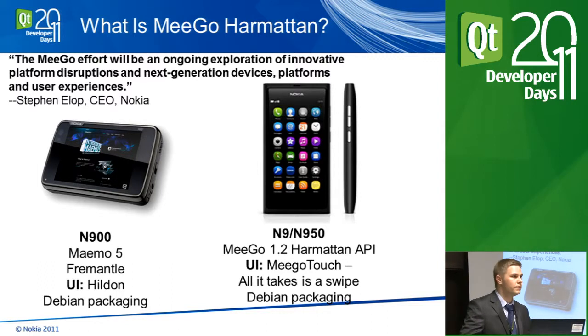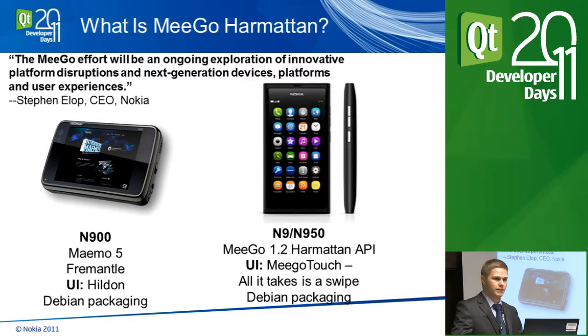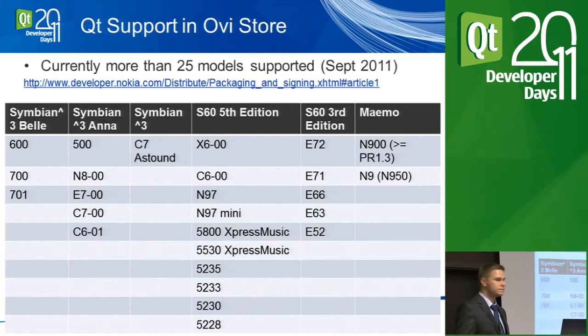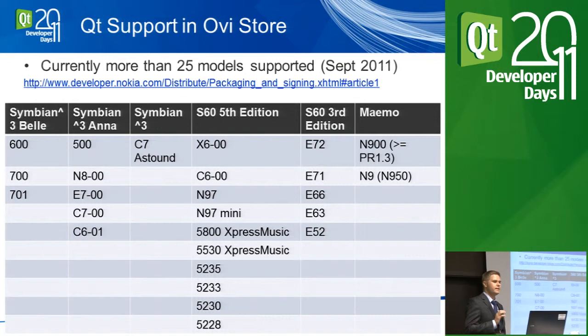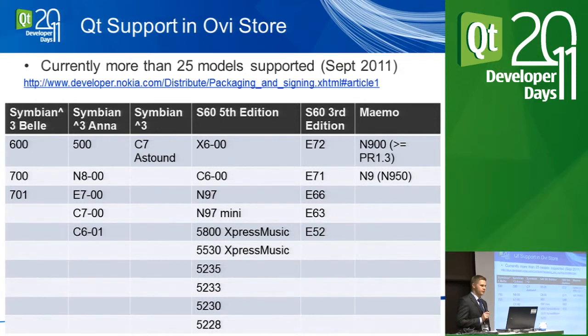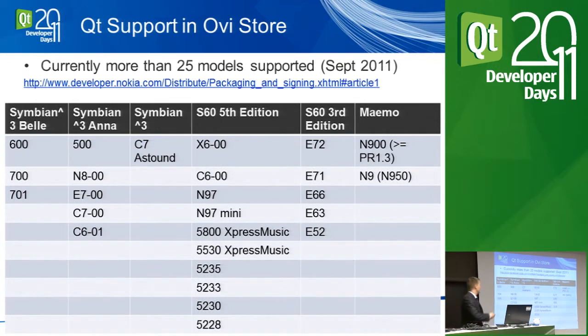But as I said before, in this training we are focusing mostly on Symbian. This is a rough table of officially supported devices on Ovi Store. You can go to this link to get more information about what devices are supported.